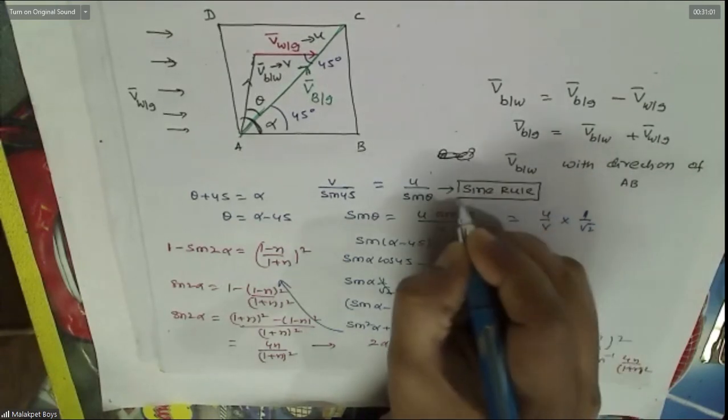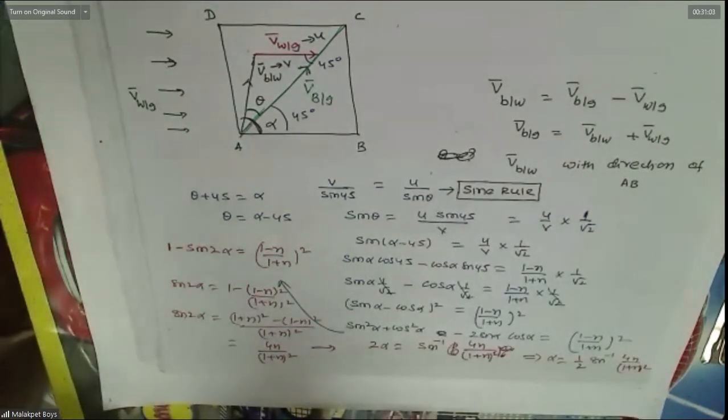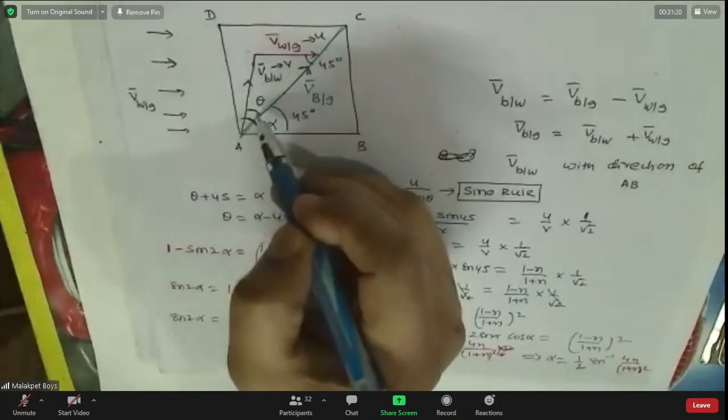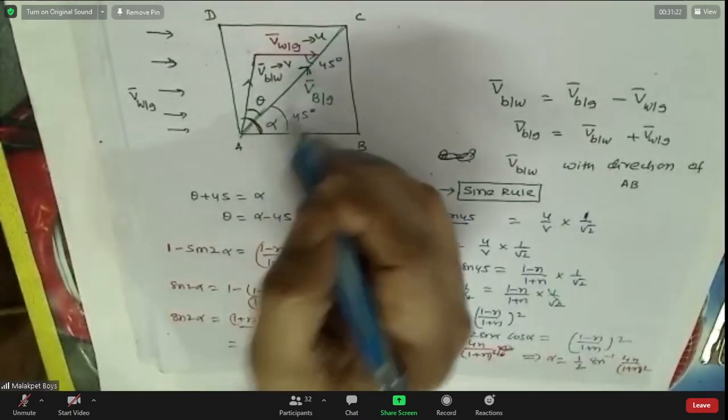I even told this during basic math, sine rule, cosine rule. A by sine A equals B by sine B equals C by sine C. In this triangle, I am applying the sine rule. This side by sine theta is this side by sine 45.